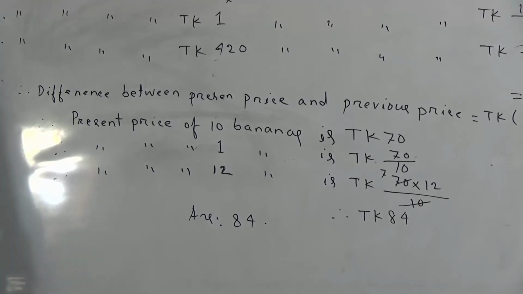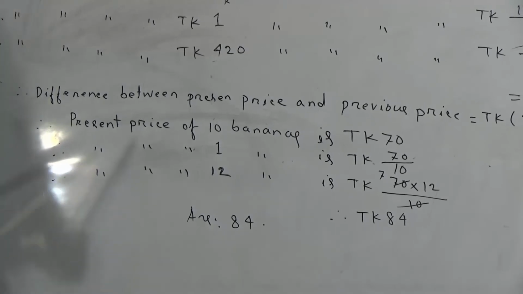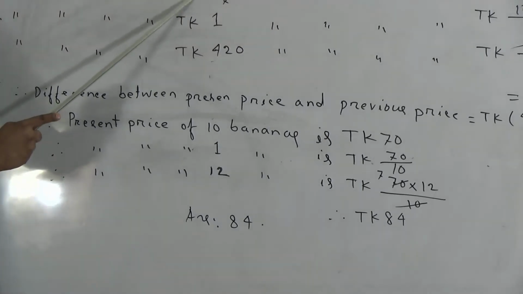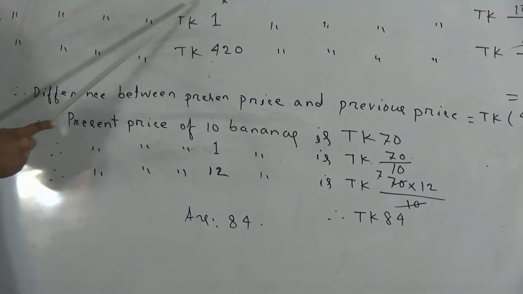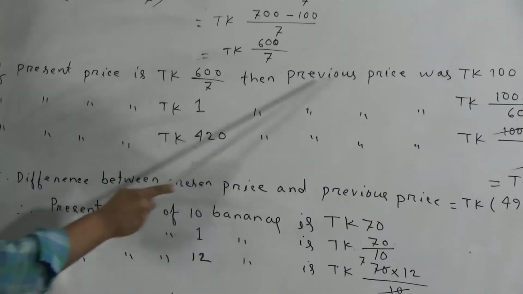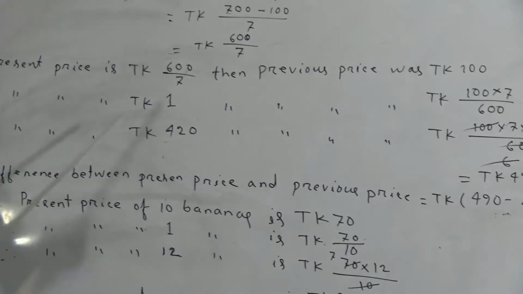For that we will use this line. If present price is TK 607, then previous price was TK 100. We will start from this line.